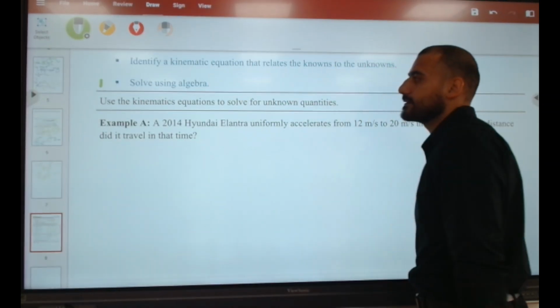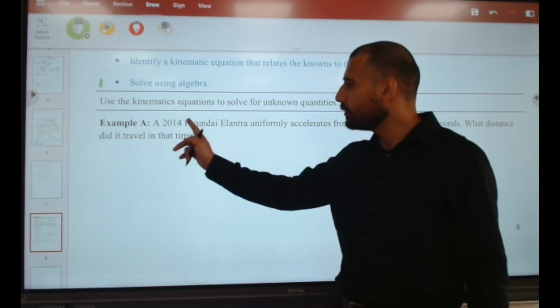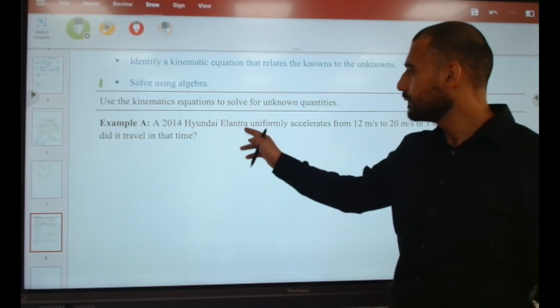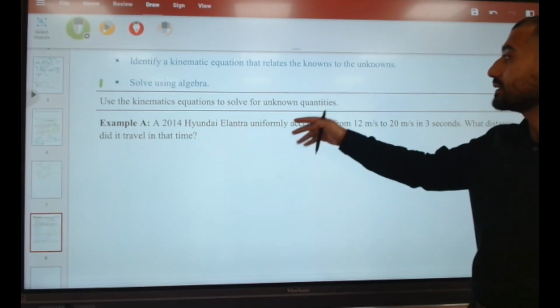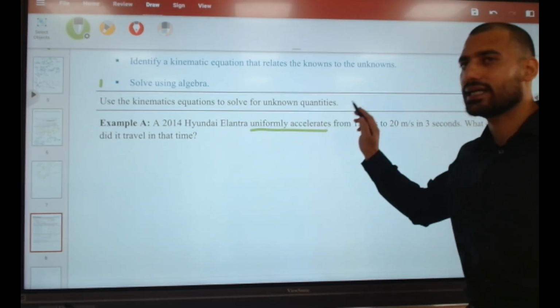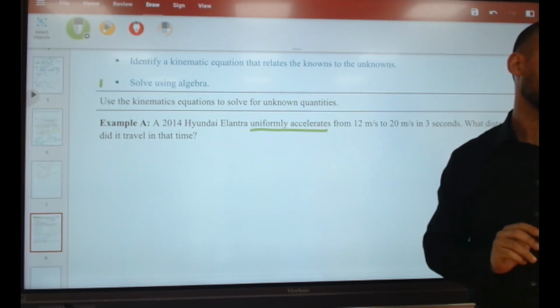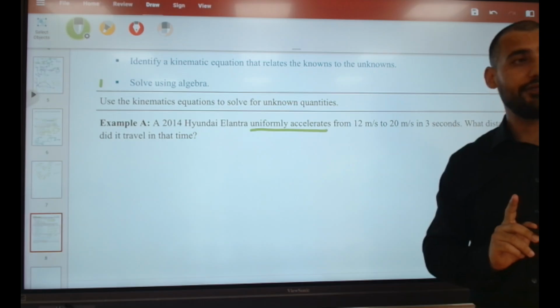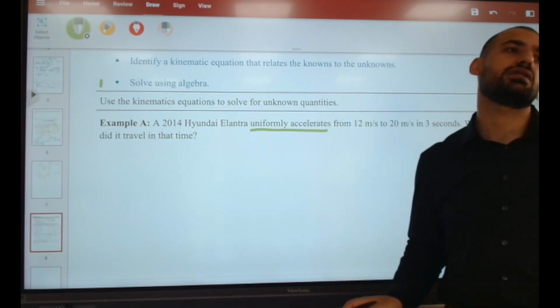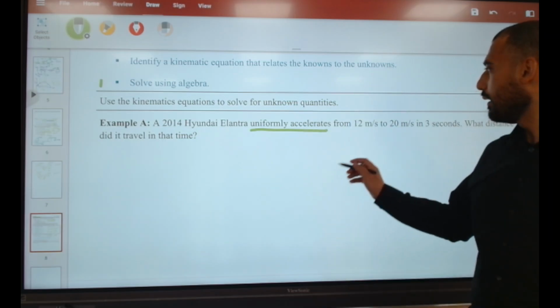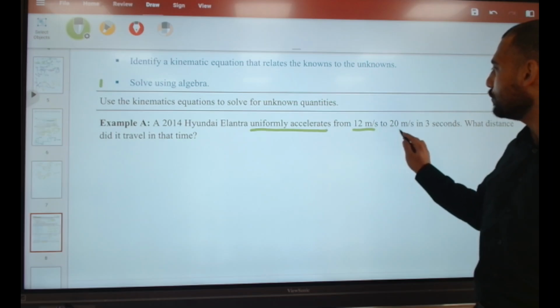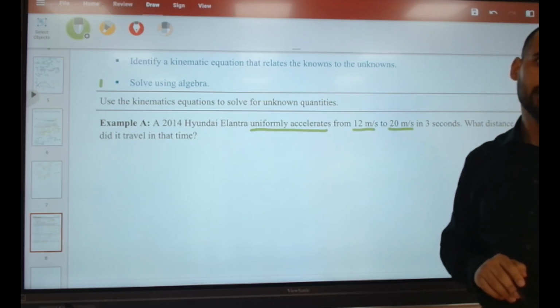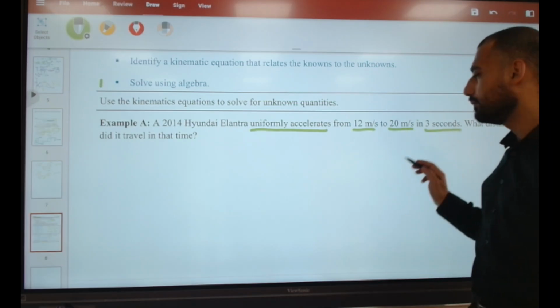What is the question? A 2014 Hyundai Elantra, very important, uniformly accelerates. That means acceleration is constant. If it was not constant, we cannot use these equations. Is that fine? From 12 meter per second to 20 meter per second in 3 seconds.